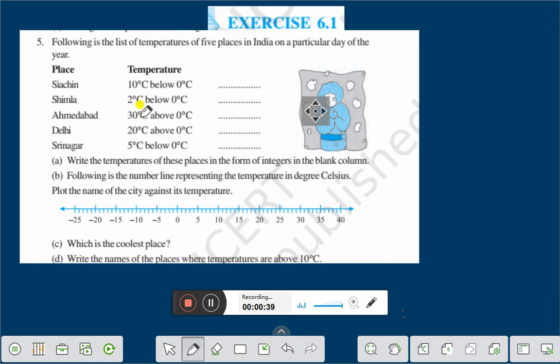Right? That means here you see Siachen's temperature is 10 degrees centigrade below 0 degrees centigrade. That is minus 10 degrees.